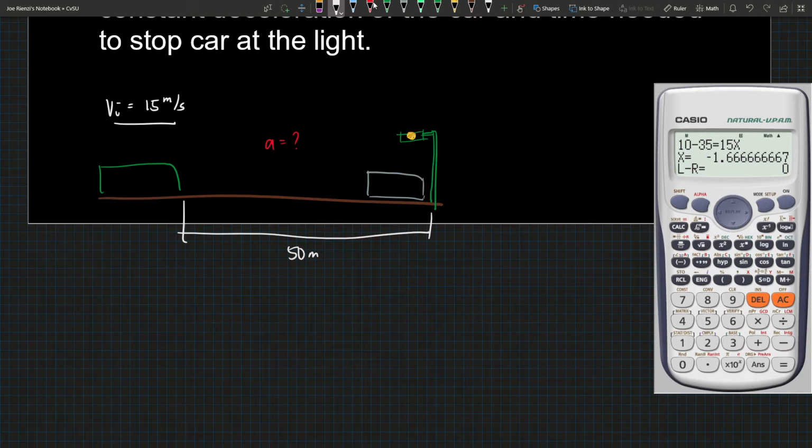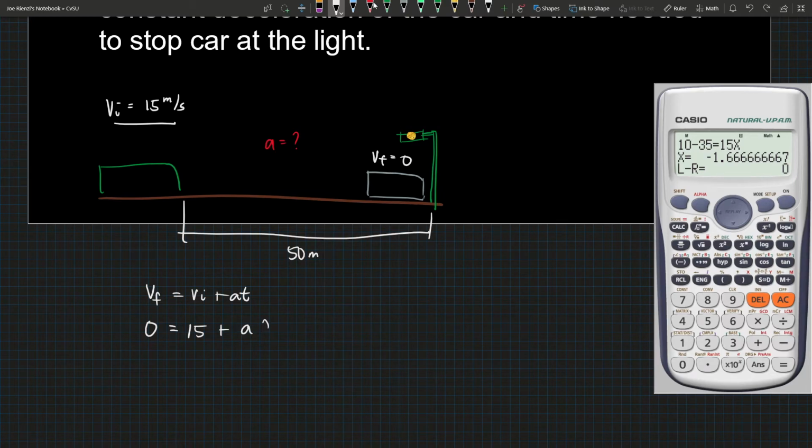And then dito, although hindi sinabi, pero dahil nga sinabi mag-i-stop siya, pwede natin sabihin na si final is 0. So, knowing our formulas, again, balik lang tayo kay VF is equals to VI plus AT. The initial, final is 0. The initial is 15. Acceleration is hinahanap, unknown. And then time is unknown din.